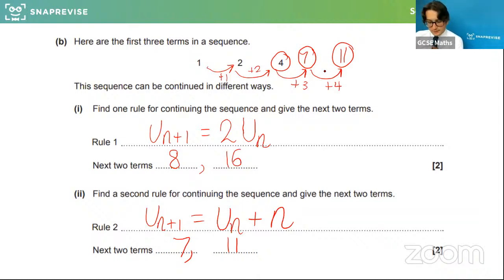The other way it could be is the term you're on plus that number. So term number 1 plus 1. Then at 2, we add 2. Then we add 3. Then we add 4. Then we add 5. And it could be increasing like that. So it might have been harder to write in terms of this notation, but hopefully we could appreciate the 2 different types of rule there and the 2 ways that this sequence could be going.